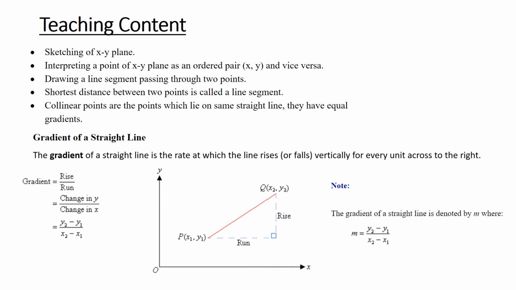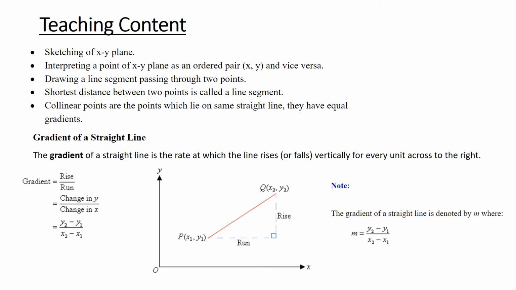Gradient of a straight line. The gradient of a straight line is the rate at which the line rises or falls vertically for every unit across to the right. Gradient can be calculated as the ratio of vertical change to horizontal change, or rise over run, or it can be calculated as change in y over change in x, that is (y2 minus y1) over (x2 minus x1).